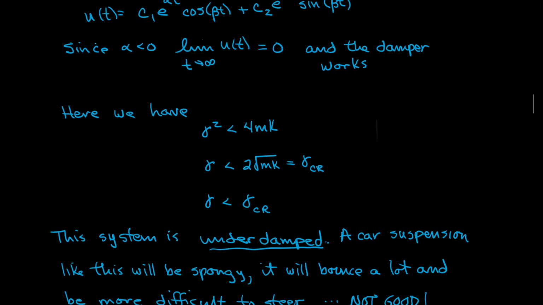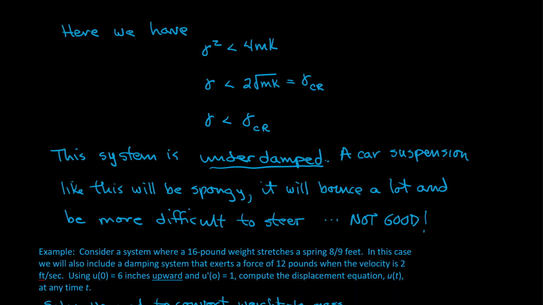In this situation, we're going to have gamma squared less than 4mk, which is going to give us gamma less than 2 square root of mk. In this case, our damping coefficient is less than the critical, so we don't have critical damping.